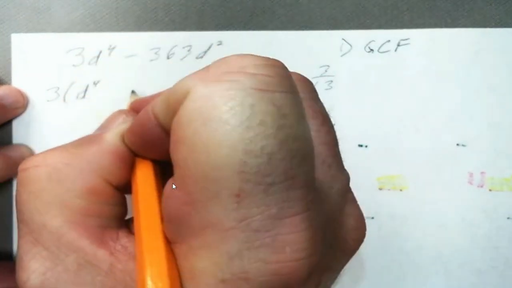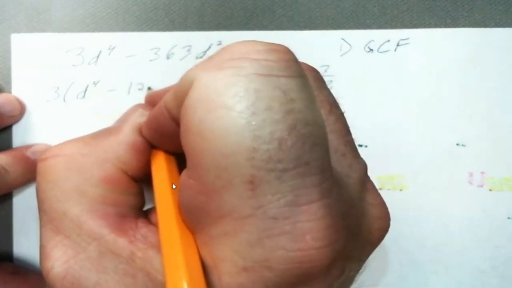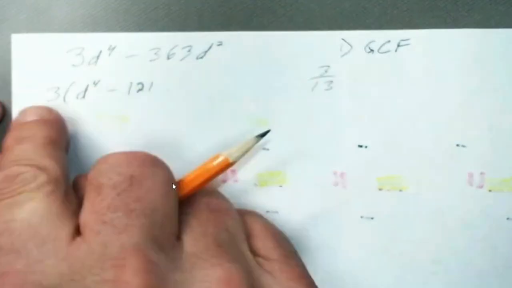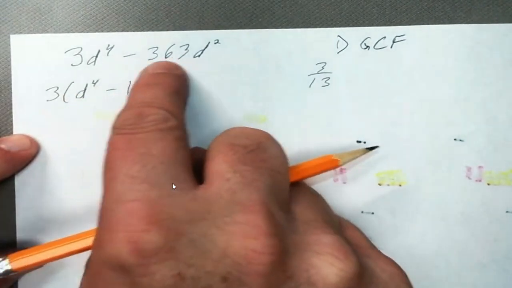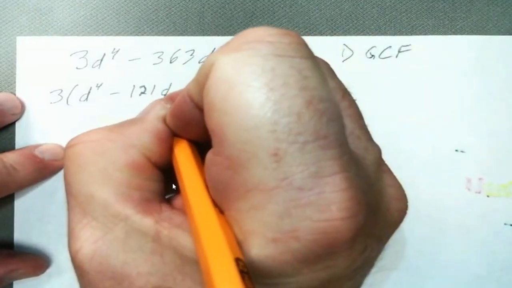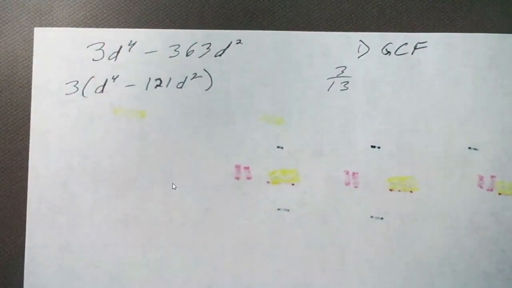So if we factor out a 3, now we've got d to the 4th minus 363 divided by 3 is 121. Because we multiply 3 times 121, 3 times 1, 3 times 2, 3 times 1, d squared. Oh, that changes the whole problem. We factored out this 3.